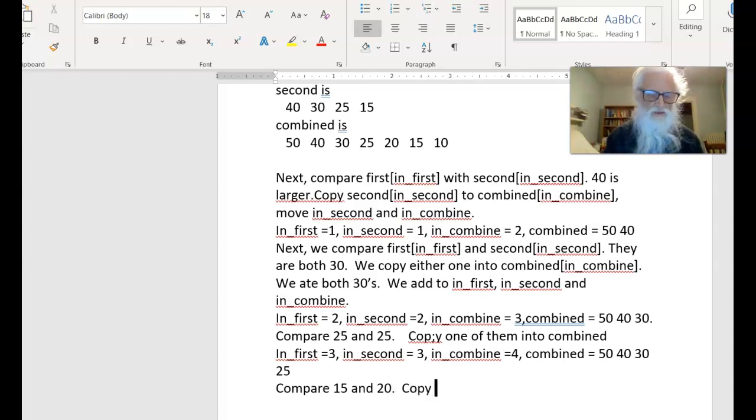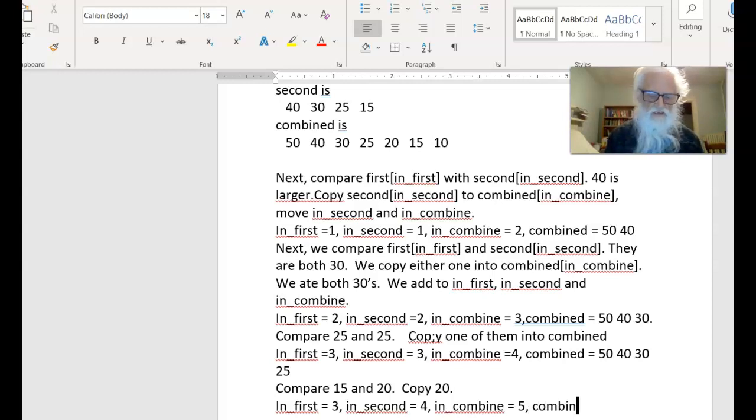Copy 20, and again, the in first doesn't change because we didn't use the 15. The in second changes, so it's now 4. The in combine changes, it's now 5.